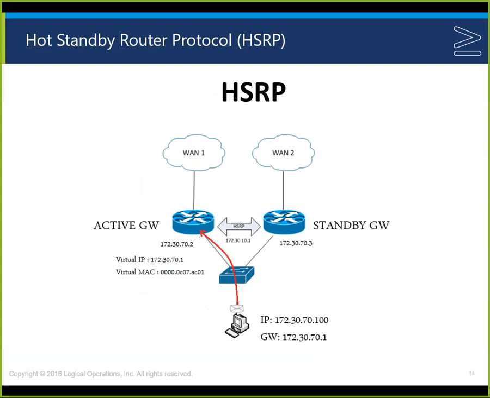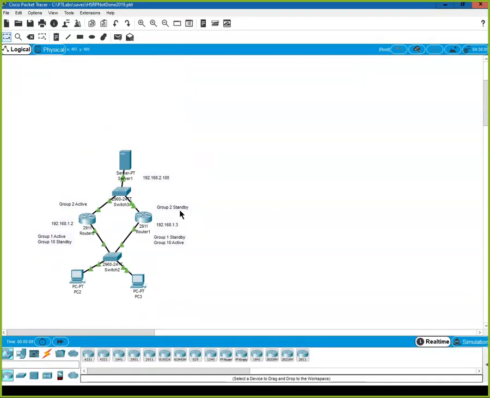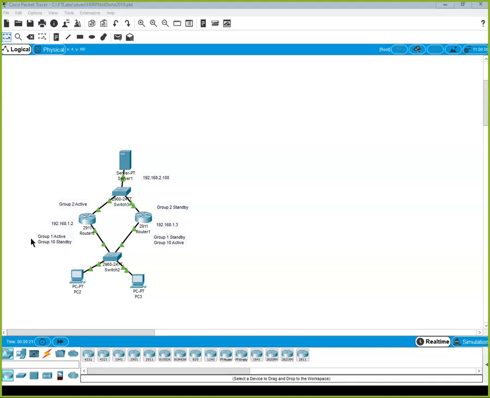The question is how can we take advantage of the 2 routers? And the way we can take advantage of the 2 routers is by configuring multiple groups, and this one is configured that way, configuring multiple groups on the interfaces. What we have here is group 1, which is the active interface on this guy, and group 10, which is the standby, and group 10 is the active over here, group 1 is the standby.